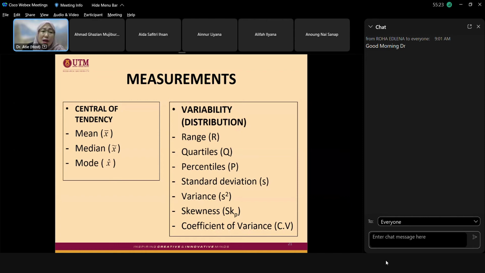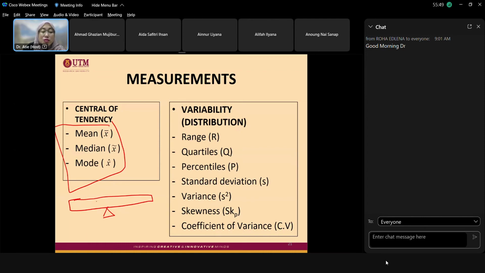I also mentioned this central tendency measurement. Why is it called a central tendency measurement? Because we hope that these three values will be at the center. They tend to be at the center in order to make things balanced. So I told you about this bar. Let's say we have a bar.